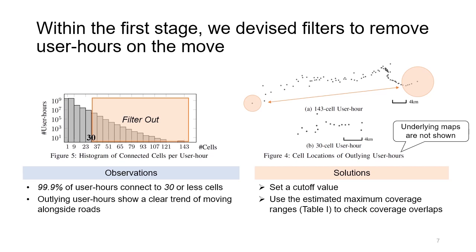Suppose the orange circles are the estimated maximum range of 2 cells on their respective centers. And clearly, these 2 circles do not overlap. Because we don't have azimuth information, we have to assume that this cell can be pointing in any direction, hence the circle. So a user hour will be removed if any one pair of cells do not have coverage overlap.